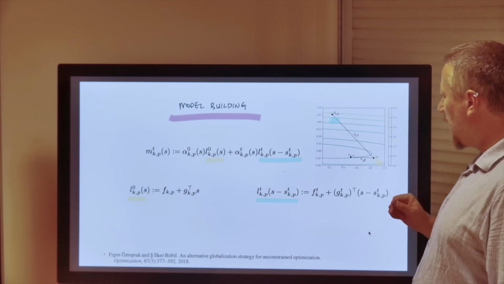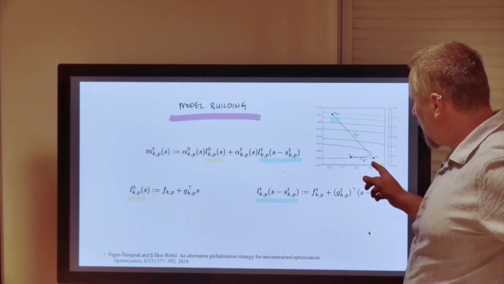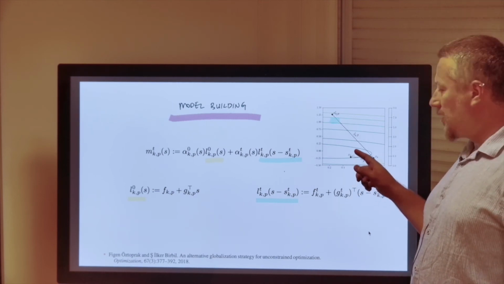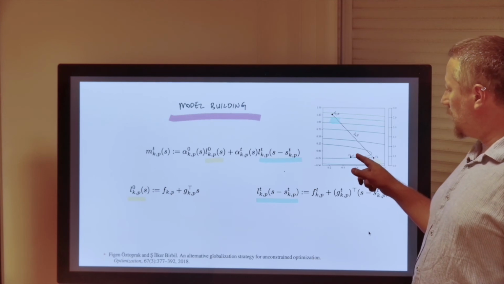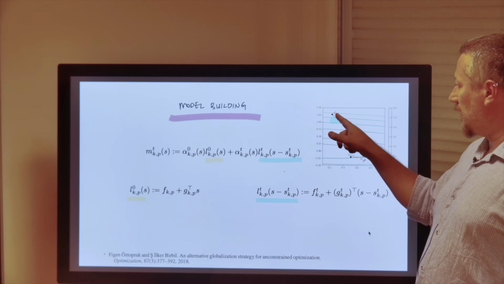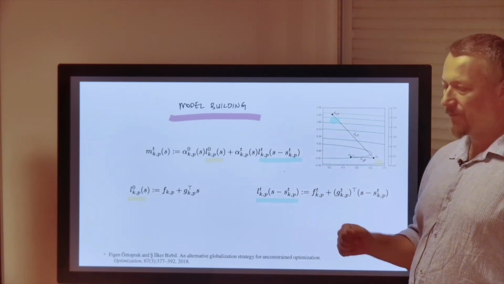Right? And then we don't want our point, our minimizer for the model, to be close to xkt or xk, because we know that both points won't work.